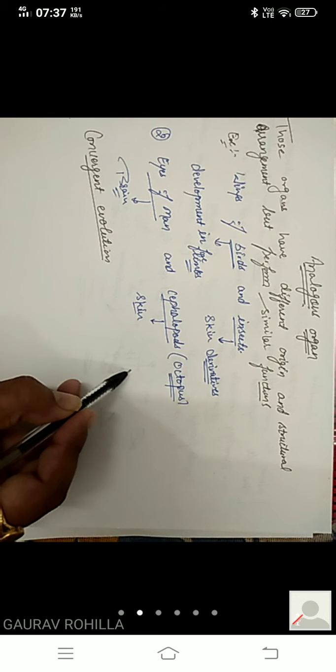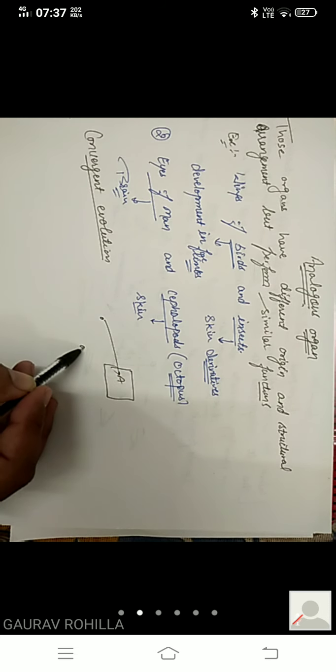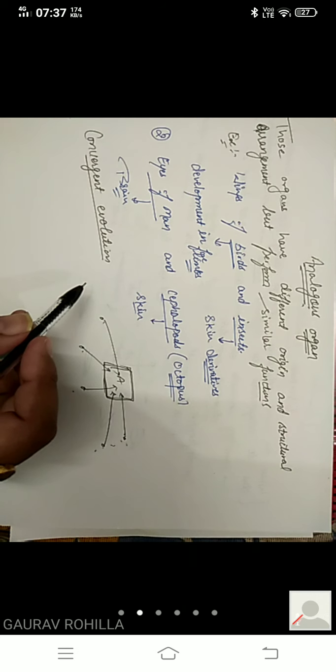In a case of convergent evolution, there is a place A, and few organisms from different places migrate toward A, but they have different origins, different ancestors. But when they adapt themselves according to the place A, then they perform similar functions here.